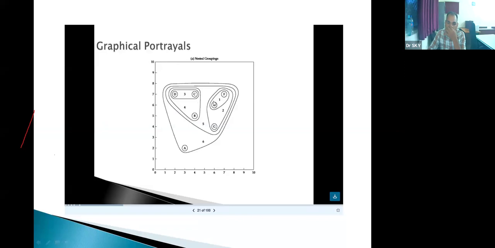So now there are 2 clusters, this big one having 3 observations and these 3 observations. Now they have a lesser distance in comparison to A. So we will add at the next level these 2 clusters. So now the cluster will have 6 observations, and at the last step the last one will be added. So this way we can make the clusters.